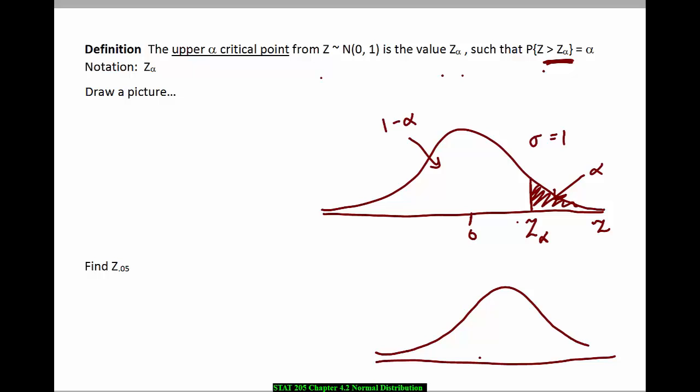Again, we're in the standard normal distribution, z, which is centered at 0 and has a standard deviation of 1. And we want the value in the standard normal distribution such that 0.05 is above it. How are we going to find that out?